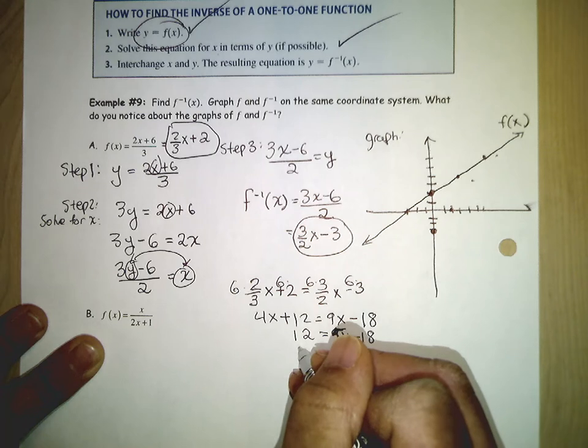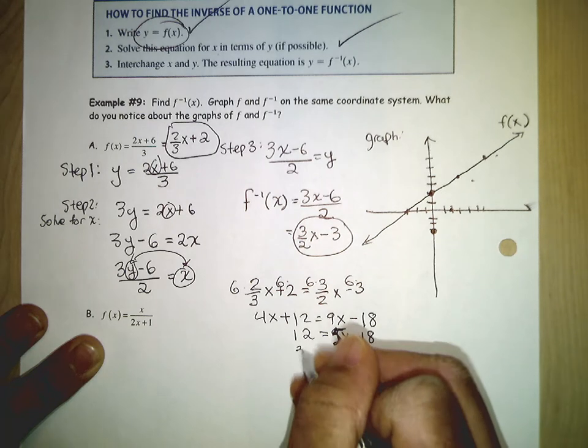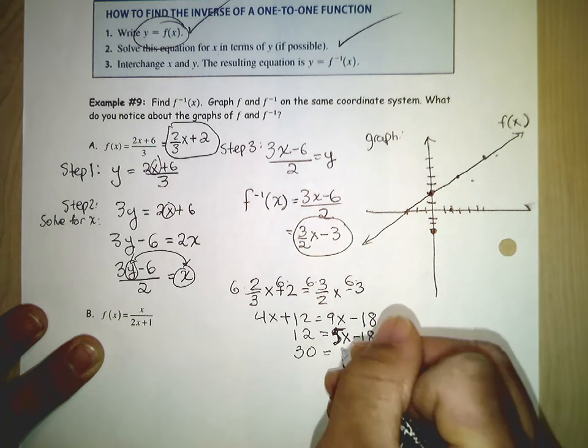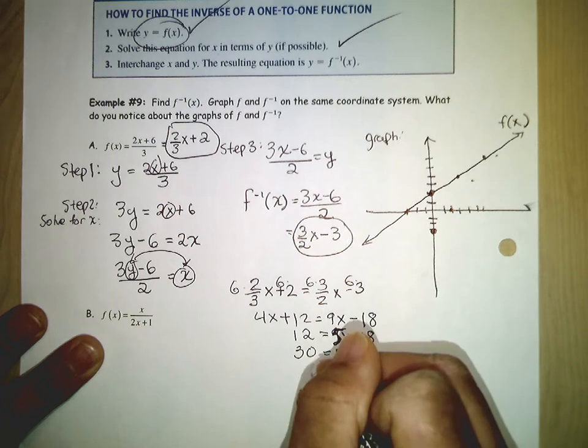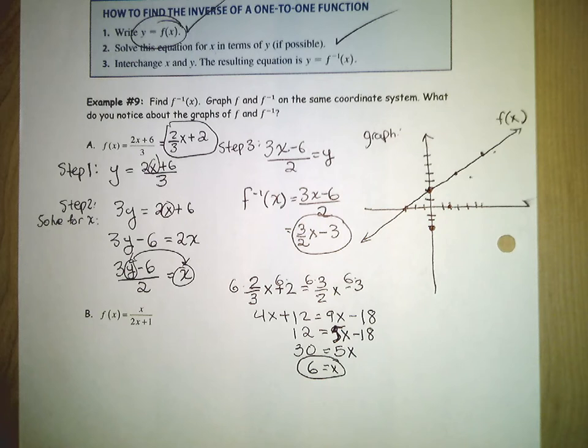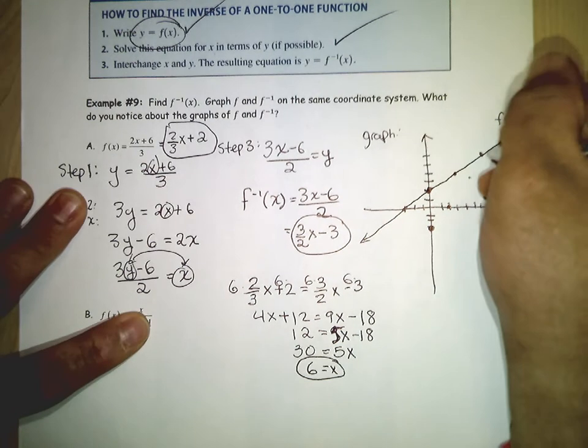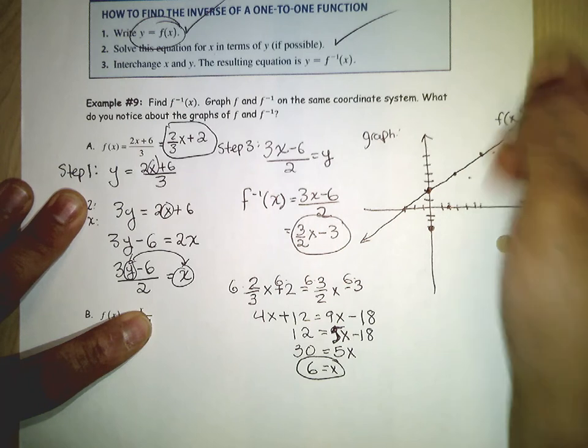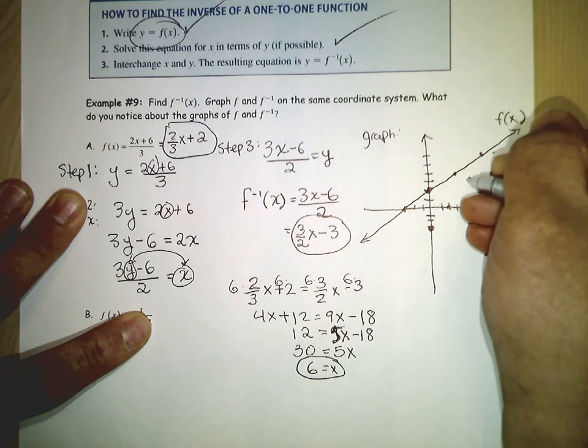Add the 18, so 12 plus 18 is 30, equal to 5x, and divide by 5, so x is 6. All right, so they're going to intersect at (6, 6).